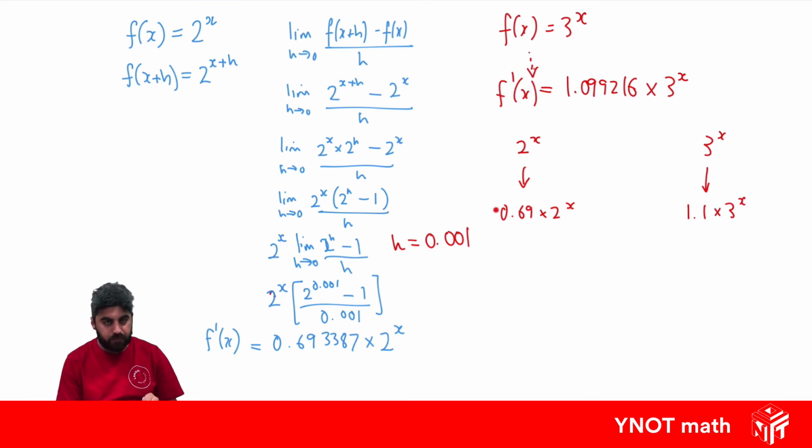So this is a number that's slightly less than 1, and this is a number that's slightly bigger than 1. So somewhere in the middle of these two, we're going to get a special number, and that's what we'll use as e. We're going to get e to the x, where it's going to equal 1 times that special number to the power of x.